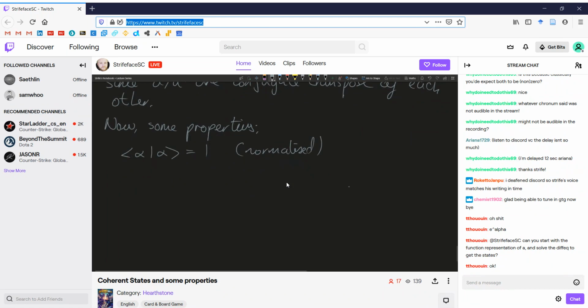I would recommend that if you're curious, you actually evaluate this and see. As you can imagine, it's a negative exponent. So when beta minus alpha is large, they are basically orthogonal.